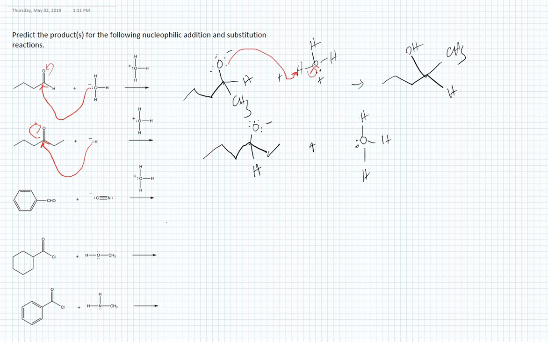Let me just draw with the red arrow to be consistent with the previous question. Then we are forming here again an alcohol. Here OH. I'm just drawing hydrogen again. So again we produced here a secondary alcohol.